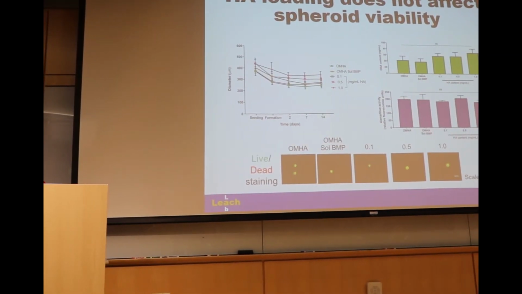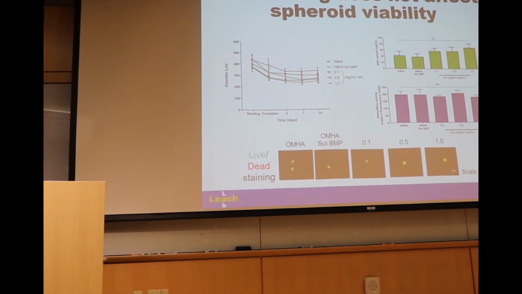In terms of quality control, we lastly wanted to see how this incorporation of BMP2 onto HA into the MSC spheroids affects their viability. You can see in the live dead images at the bottom where green denotes that these spheroids are in fact alive, both with just OMHA, which means osteogenic media with just hydroxyapatite, and OMHA sol BMP, which denotes the osteogenic media with HA and soluble BMP.